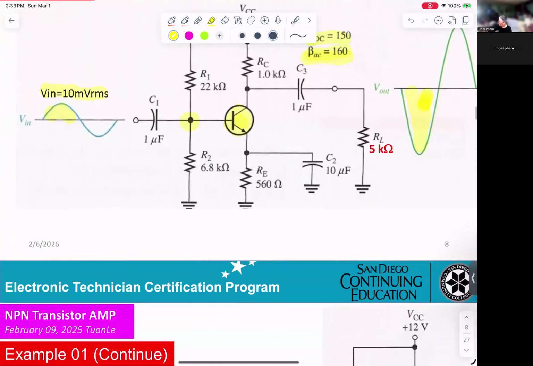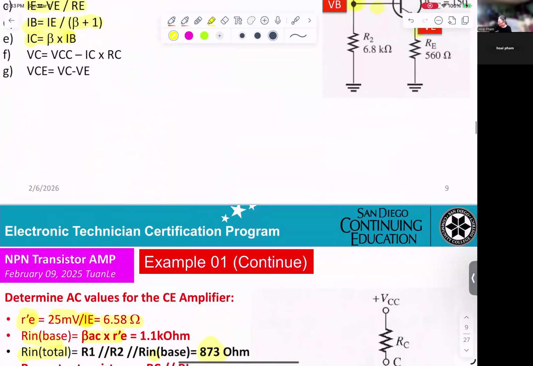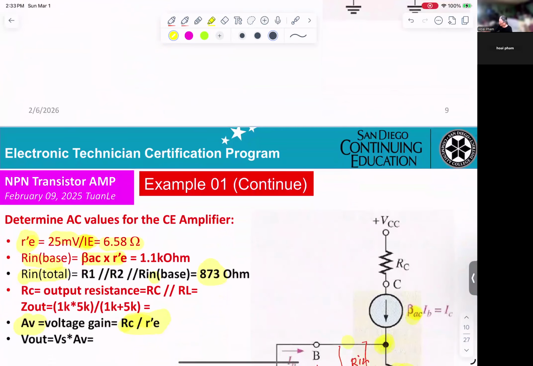So for the common emitter amplifier, first thing you have to know: input applied to the base, output from the collector. And the input and output will be opposite, 180 degrees out of phase.